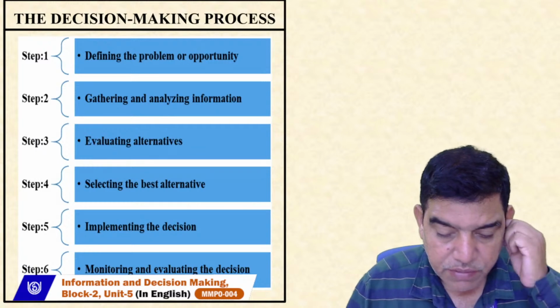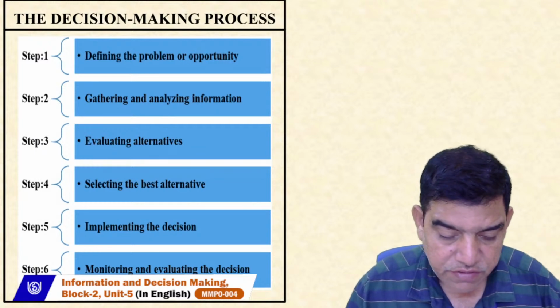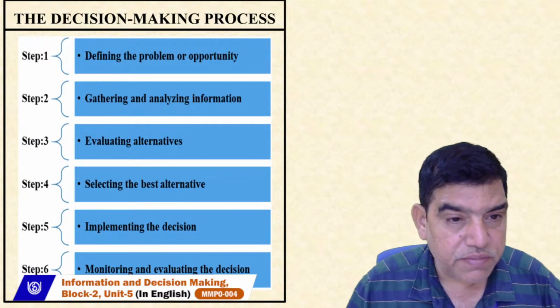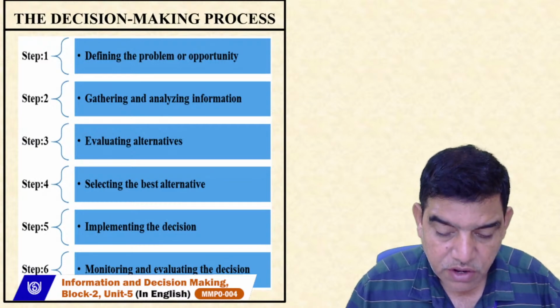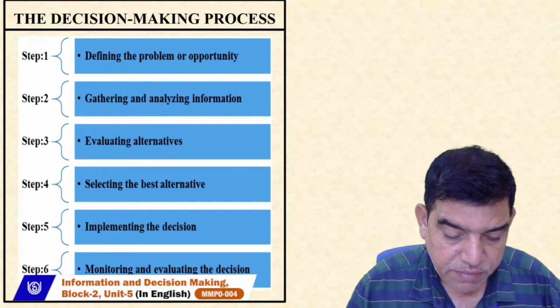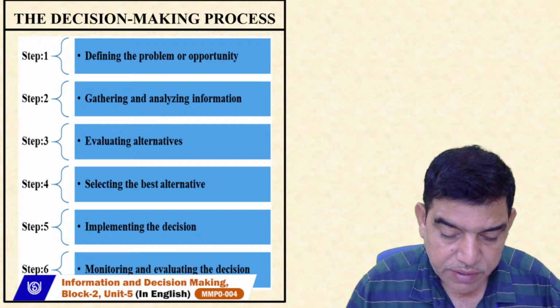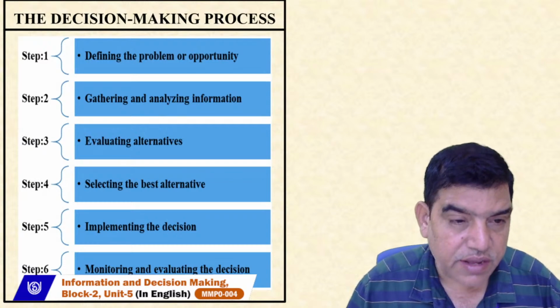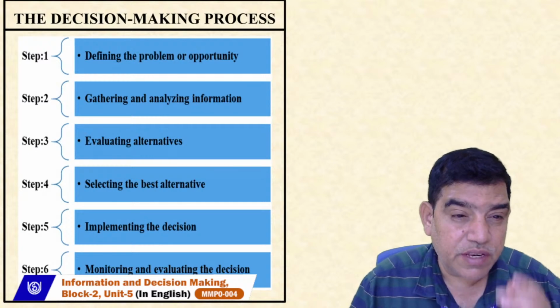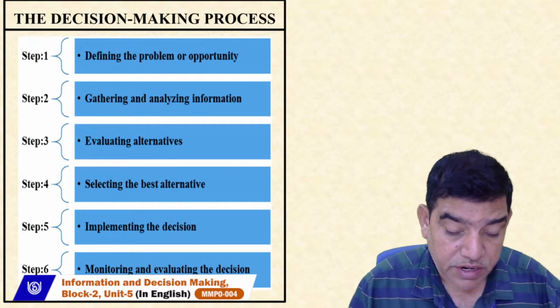Establishing criteria: before evaluating alternatives, it is critical to define the criteria that will be used to evaluate each option. Cost, feasibility, impact on stakeholders, and alignment with organizational goals may be among these criteria. So this is step 3, evaluating the alternatives.